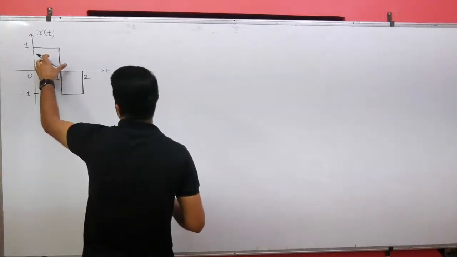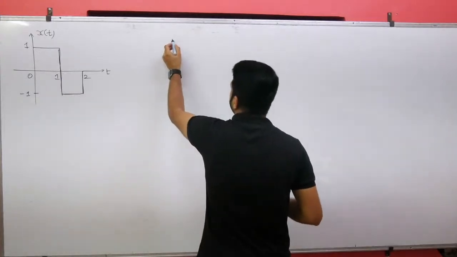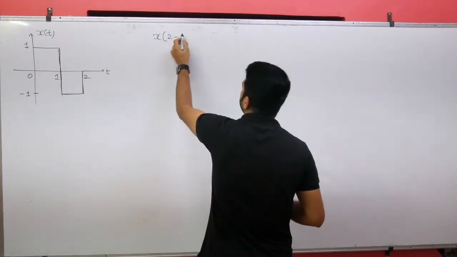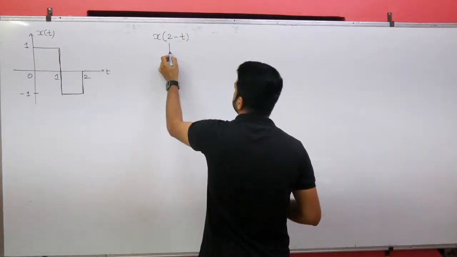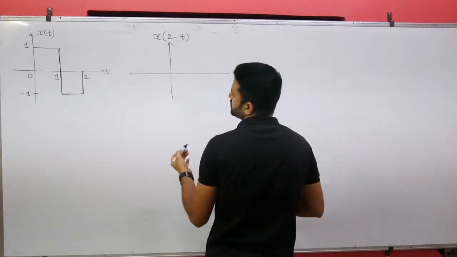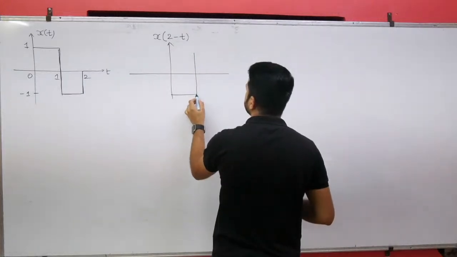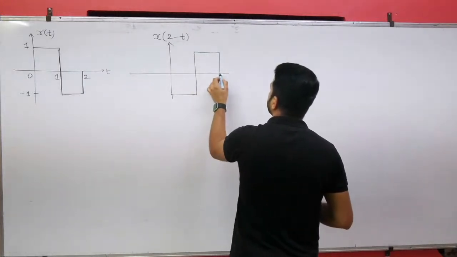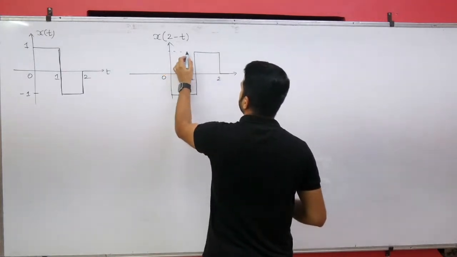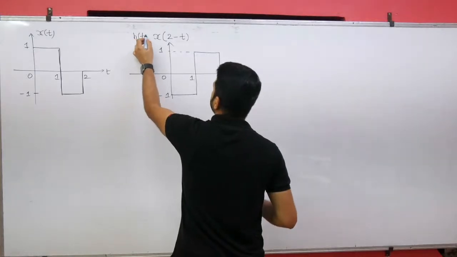Since the total duration is 2, we can write x of 2 minus t directly. The folded and shifted version will look like this: 0, 1 and 2, with +1 and -1. So this is the response of the filter.